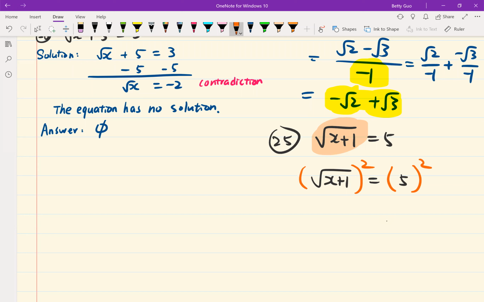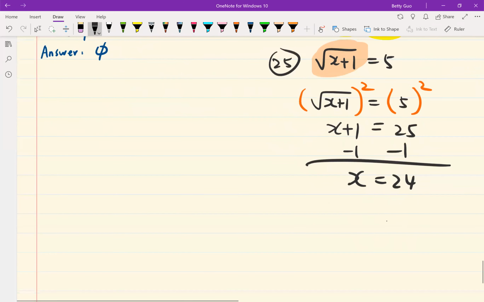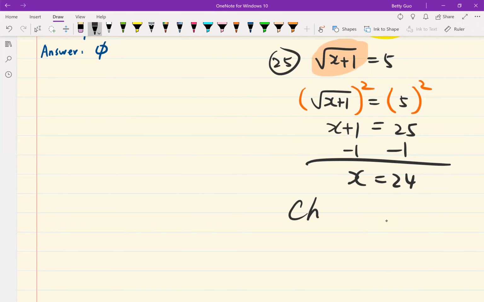Then the left-hand side becomes x plus 1, because the square reverses the square root. And on the right, 5 times 5, 25. Solve for x: minus 1, minus 1. We have x equals 24, right? What's the last step for solving a radical equation? Very good, check.